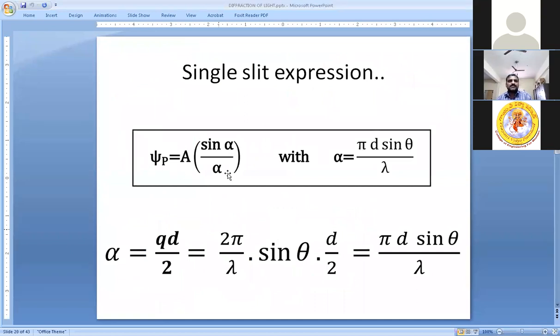So finally, the psi p, the resultant disturbance caused because of all these infinitesimal slits dy at point P, is this much, A sin alpha by alpha. With alpha equal to q d by 2, and in place of that q, I can write 2 pi by lambda sin theta.